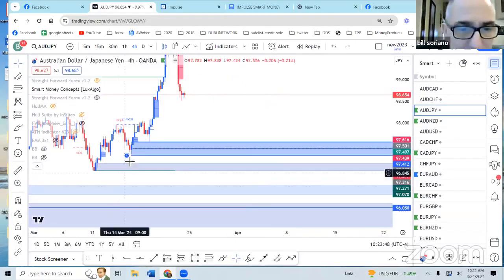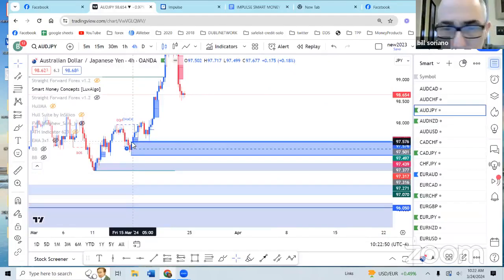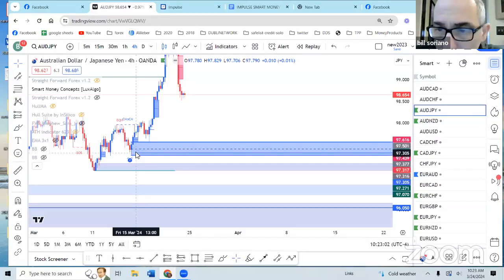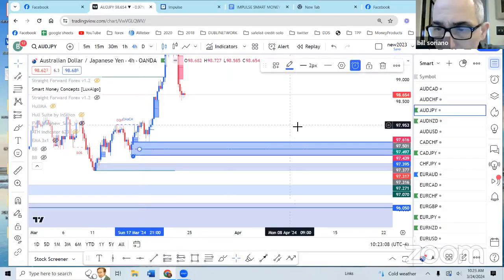And that's essentially what I've done here with this alert. You can see over here in the sidebar, this alert is set at 97.395.